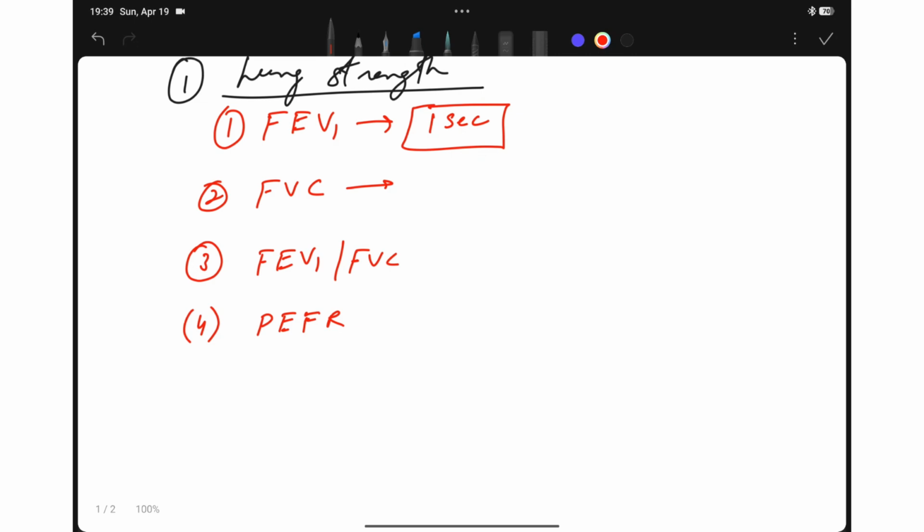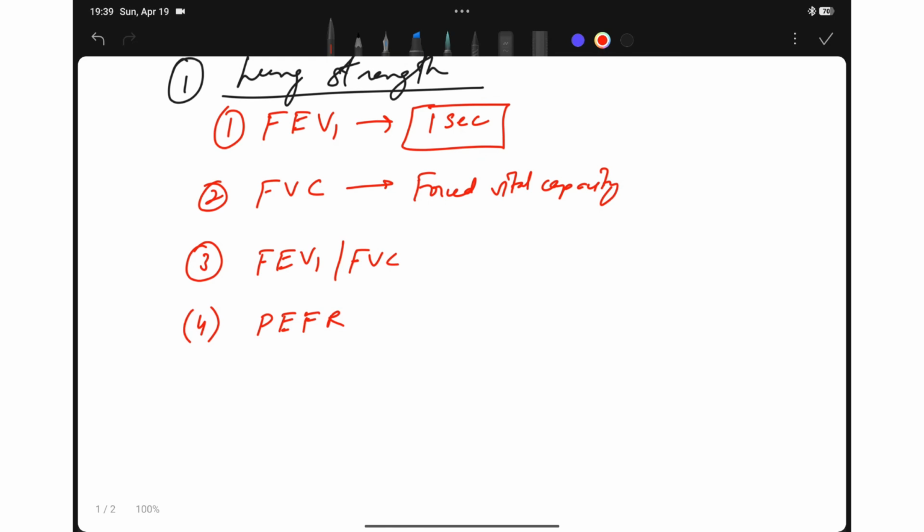Now the second is FVC, also known as forced vital capacity. It is the maximum air exhaled during expiration after a maximum or deep inspiration. So the FEV1 is the air we measure at the first second, and the FVC is measured during the whole expiration.